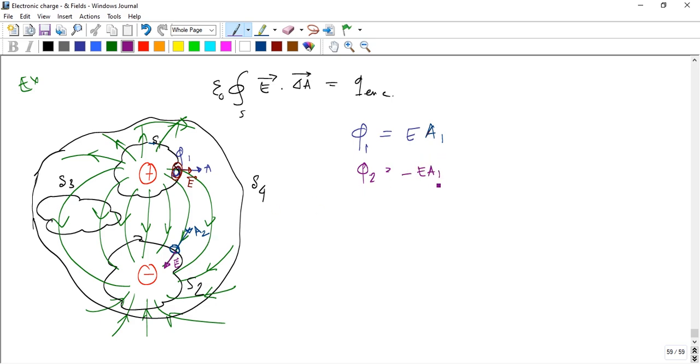Inward piercing is negative, outward piercing is positive. We know that from the previous class.